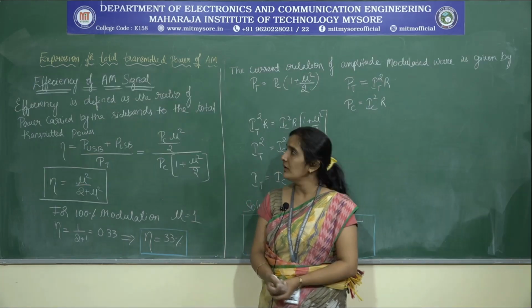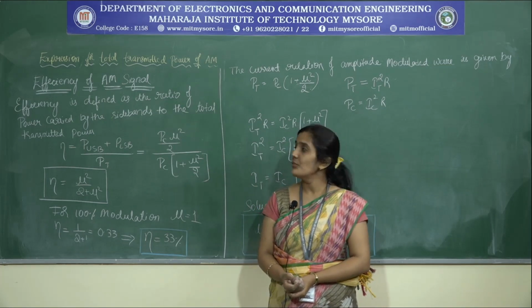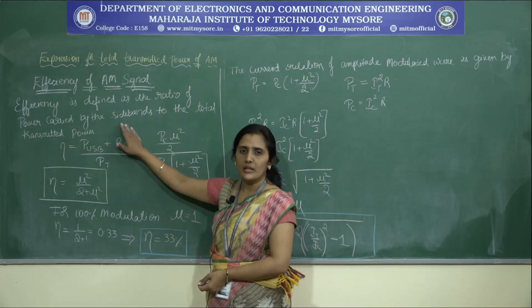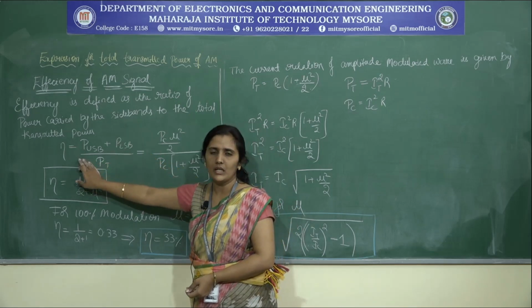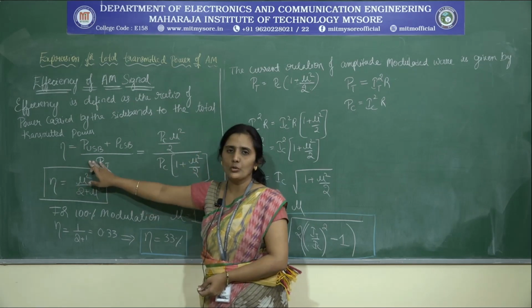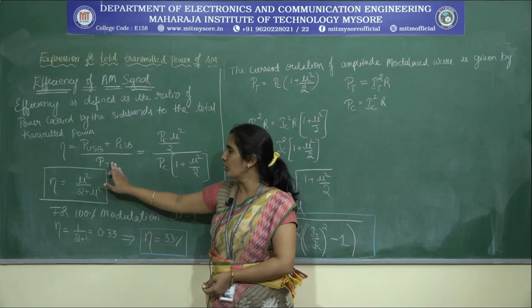Now let us see the efficiency of the AM signal. The efficiency of the AM signal is given by the ratio of power carried by the sidebands to the total power. So we can express the efficiency as upper sideband power plus lower sideband power divided by total power.